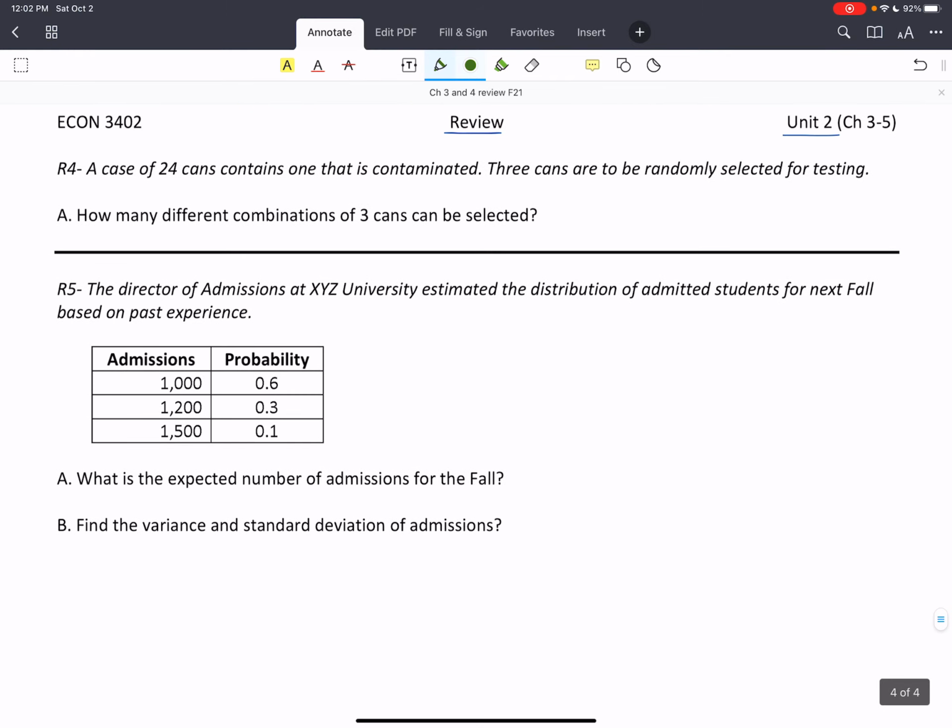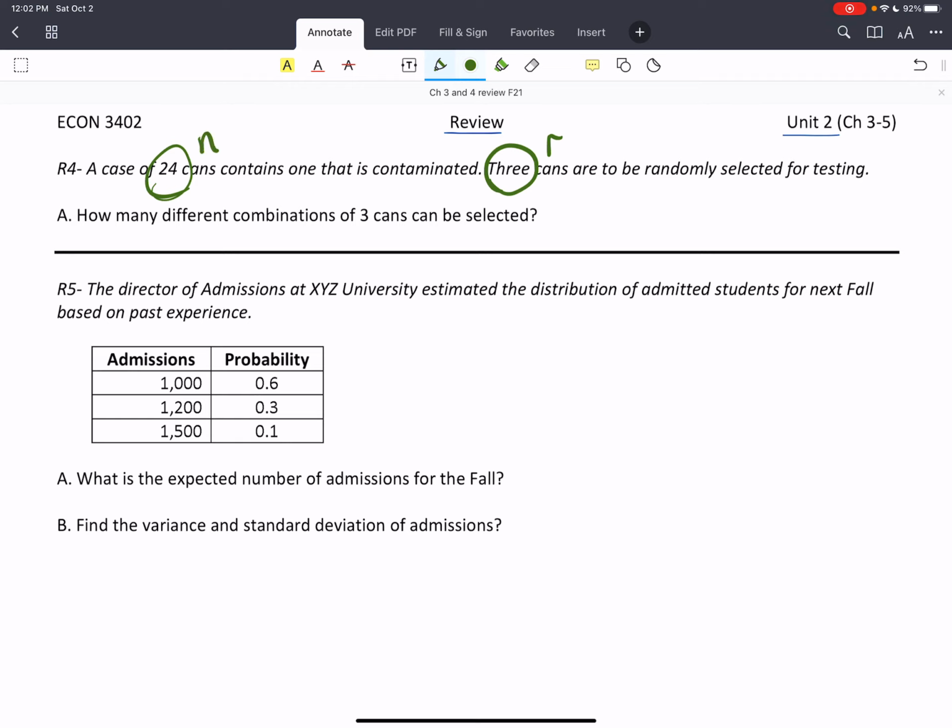A case of 24 cans contains one that is contaminated. 3 cans are to be randomly selected for testing. So this is going to be how many combinations of 3 cans can be selected. So here we're going to use that combination formula. 3 is going to be my R. That's what I'm pulling. And then my N is 24.